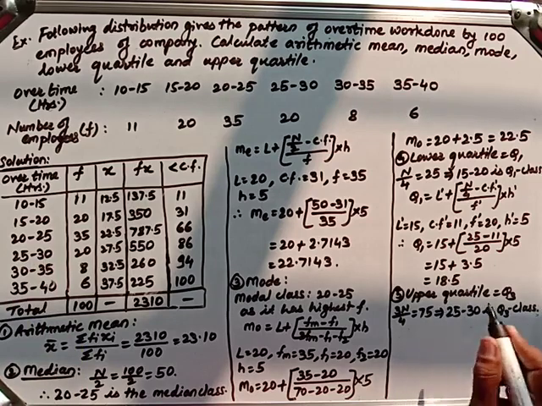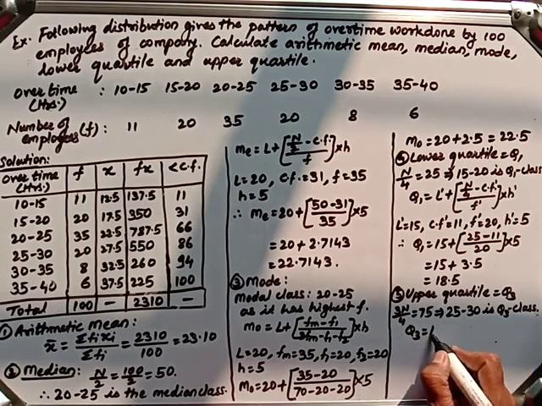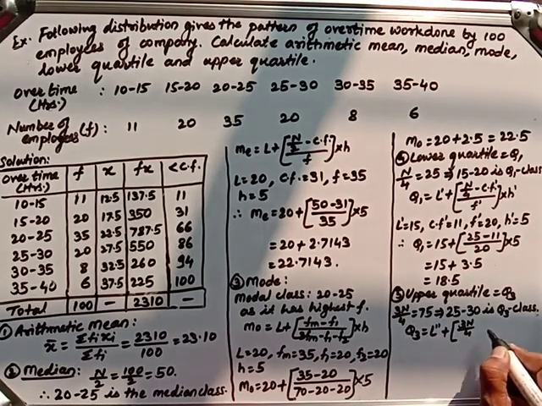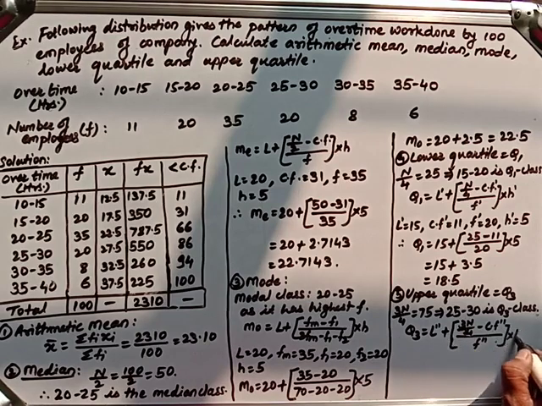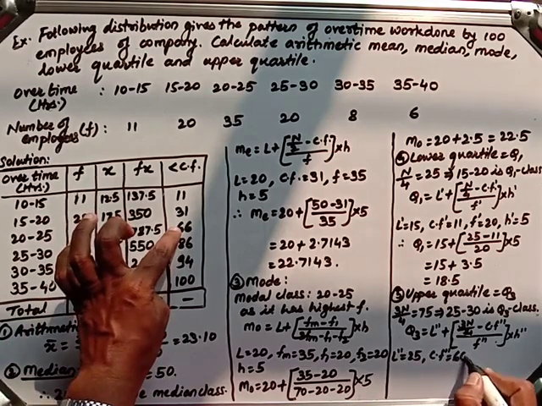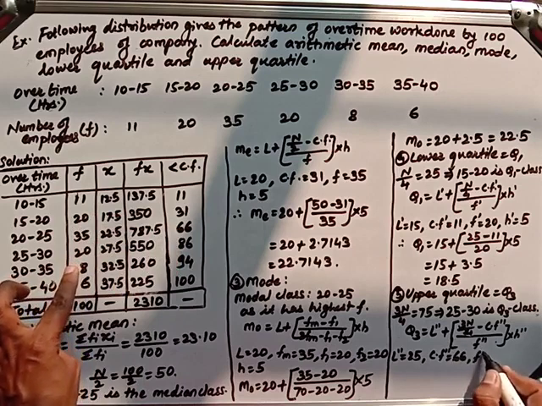Once we get the classes, we can easily get the values. So Q3 has the result L'' plus (3n by 4 minus CF'') upon F'' multiplied by H''. Then what are the values? L'' is 25. CF'' is 66. F'' is 20.